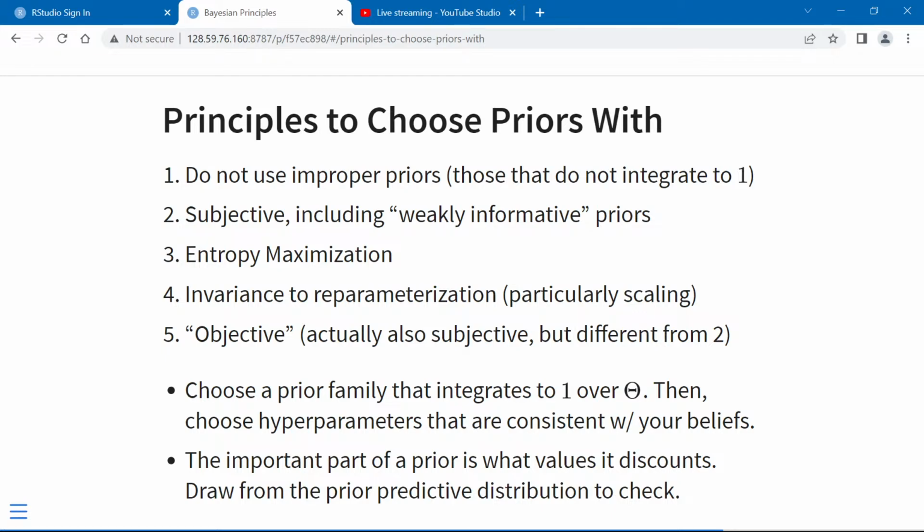And really, and this is kind of counter to what people usually think, the important part of a prior is what it puts negligible probability on. So there's negligible probability that this drug is going to make you live to be 130. More so than what is likely under the prior.